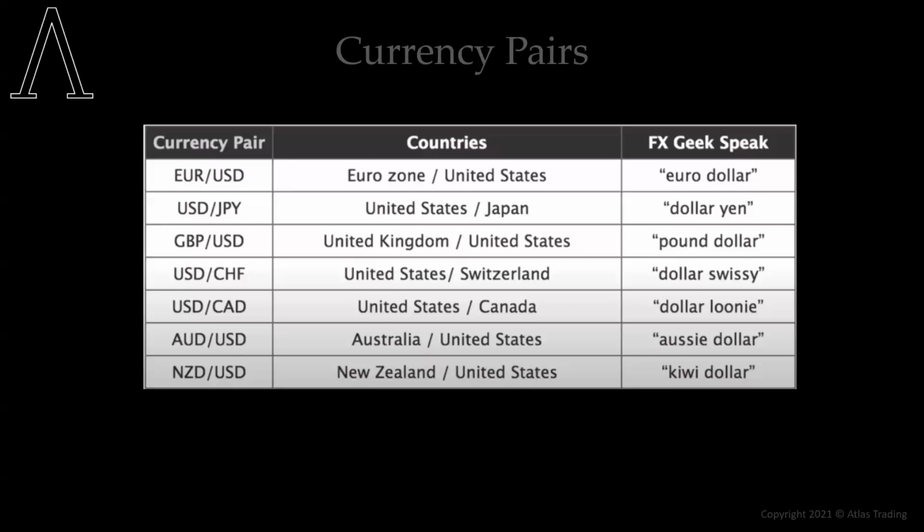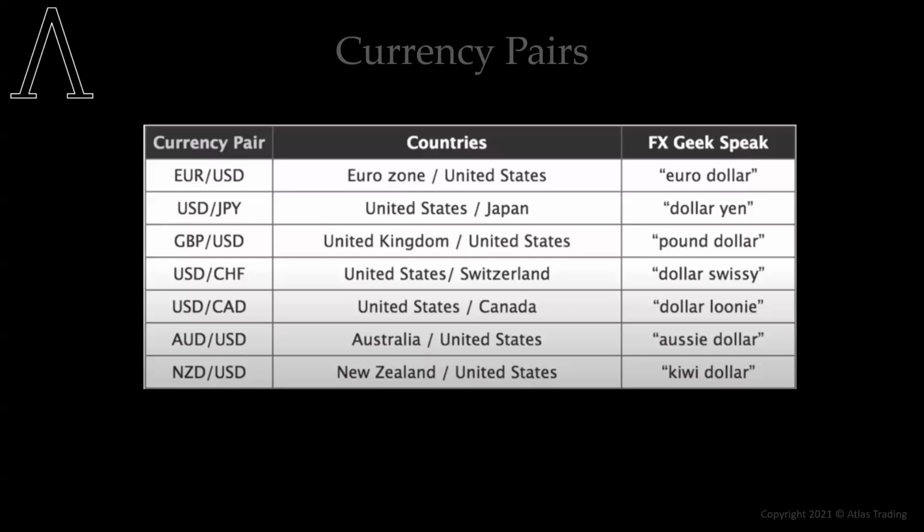You will also hear people call specific currencies by different names, such as the New Zealand currency, which is called Kiwi. I can't remember where all of these names came from, but that's just the way it is. For example, the pound dollar is actually called cable because of the transatlantic cable that runs underneath the United Kingdom and the US.